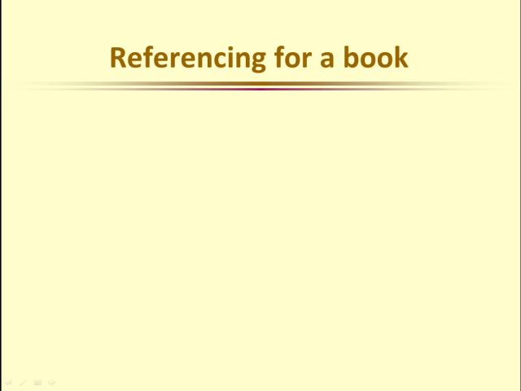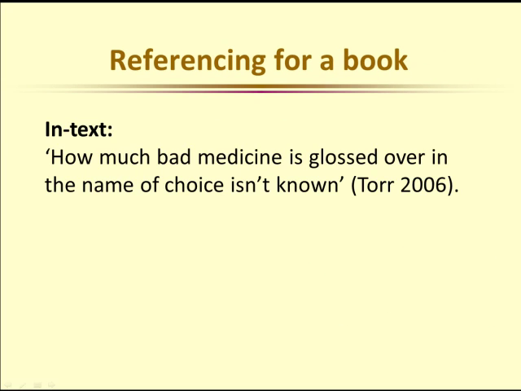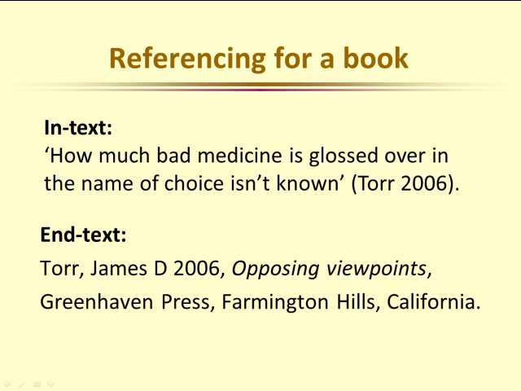Referencing for a book is easy. In terms of in-text referencing, here is another quote from the author James Torr. Note again that the easiest method of quoting is to put the sentence you wish to use in single inverted commas and then place the author's surname and the year published immediately after the sentence, followed by the full stop here, not here.